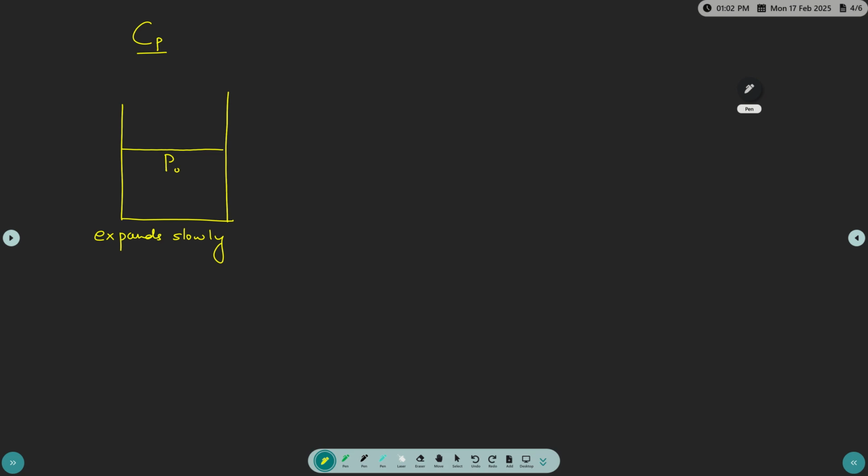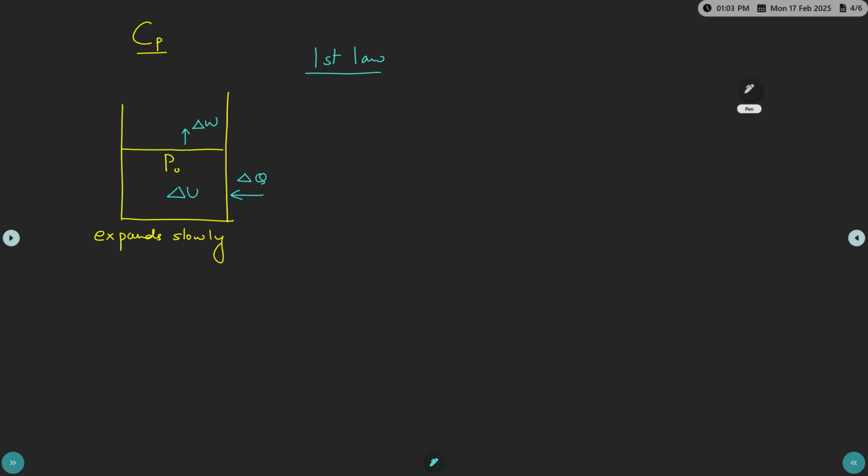What we will do is we will supply heat to this gas, delta Q, and the gas will do a work delta W, and the internal energy change of the gas will be delta U. So from the first law of thermodynamics we can write down this equation that change in internal energy is heat supplied minus work done by the gas.